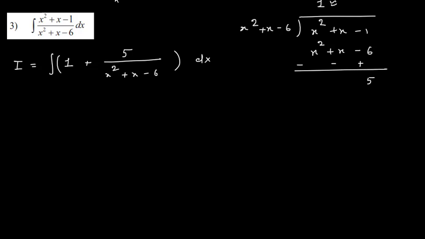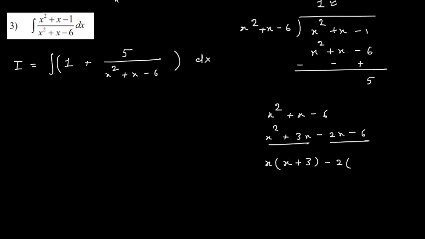Now this denominator, x square plus x minus 6, you can also factorize. This will become x square plus 3x minus 2x minus 6. You can take x common, so here it is x plus 3, minus you take 2 common, it is x plus 3.